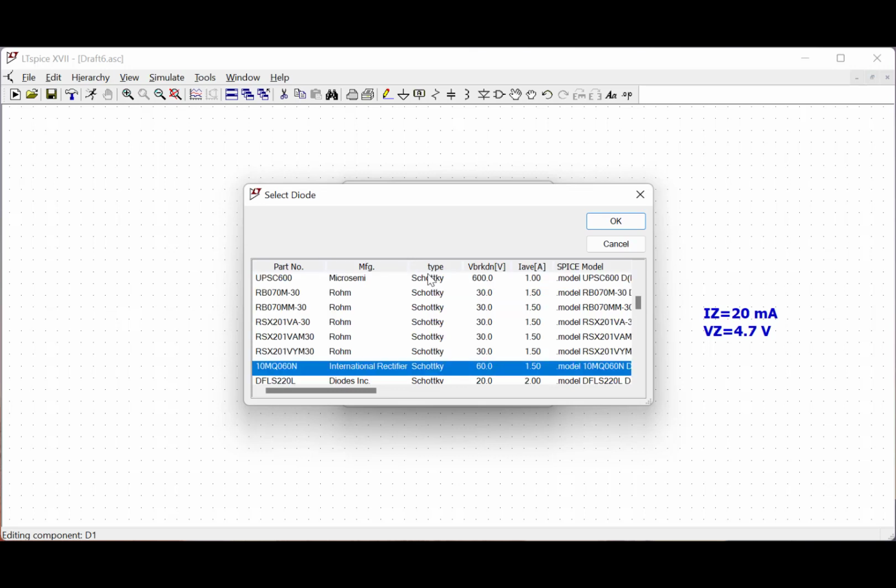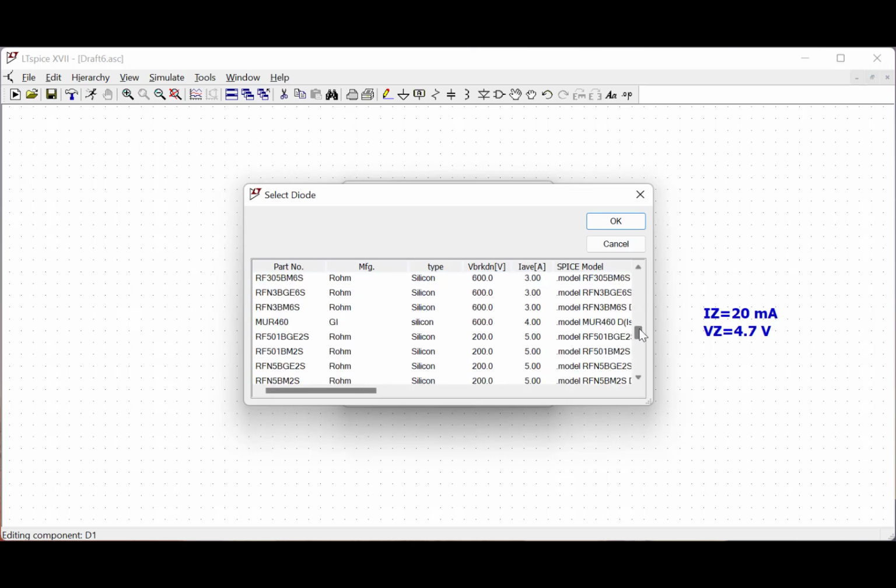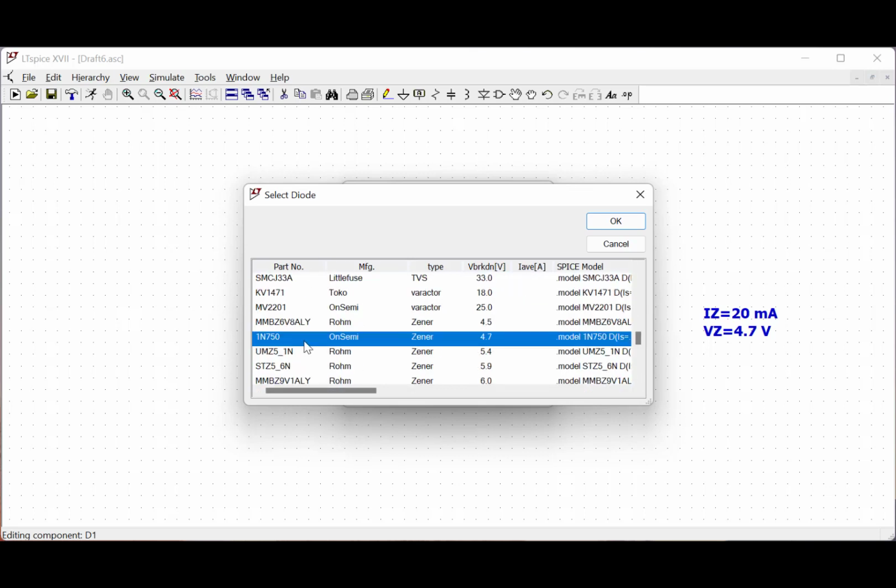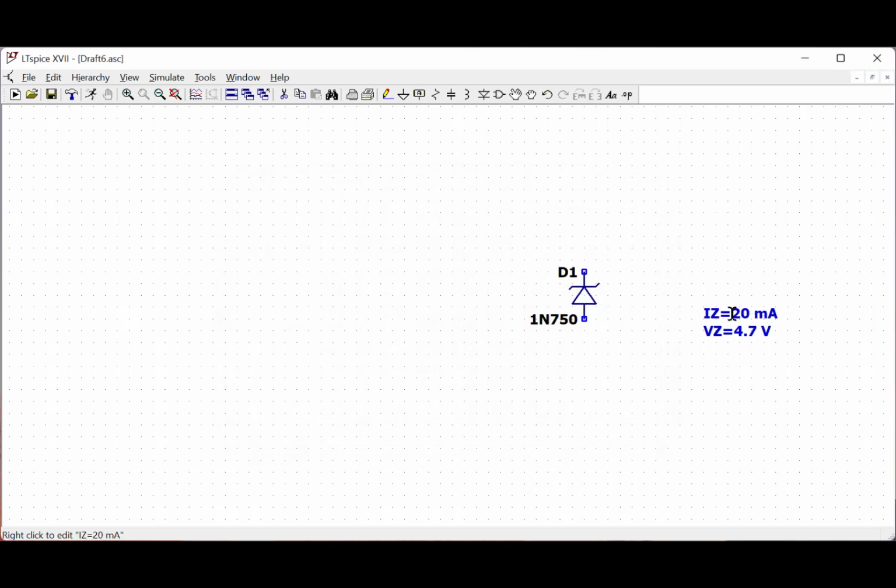I will sort the diodes by type and look for Zener diodes. The Zener diode I'm going to choose is this 1N750. This is a 4.7 volt Zener diode, which has a typical current of 20 milliamps. I just took a note here so you can see the value.